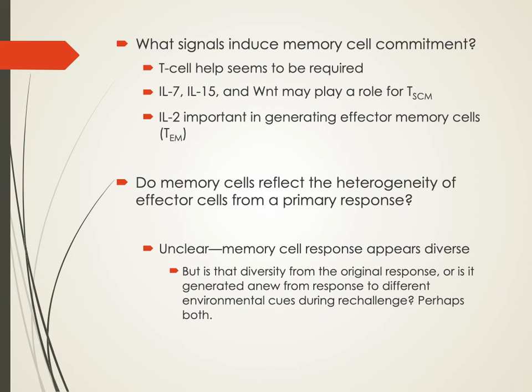That's unclear. It seems the memory cells that are induced are diverse, and what cues the original response actually provides to generate the memory population really needs to be further explored.